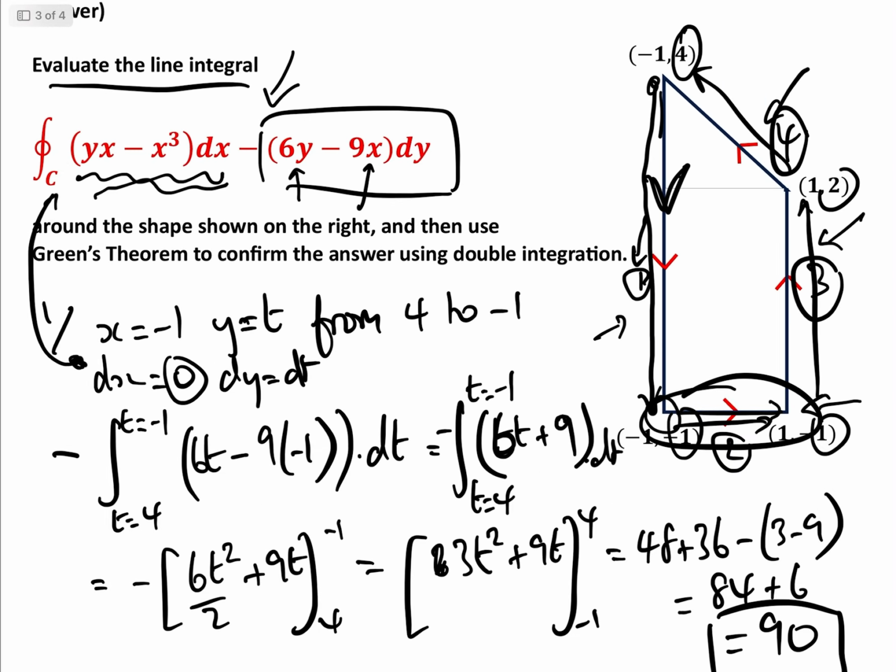And now all we've got to do is this fourth one. The fourth one is a tiny bit more complicated, but this line here, basically we can parameterize because it's the line y equals 3 minus t. So the easiest way to parameterize that is to let x equal t and y equal 3 minus t.